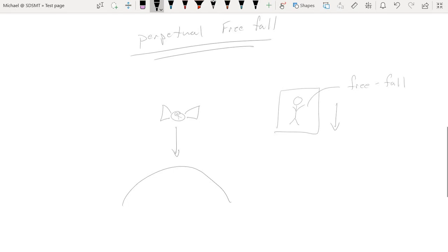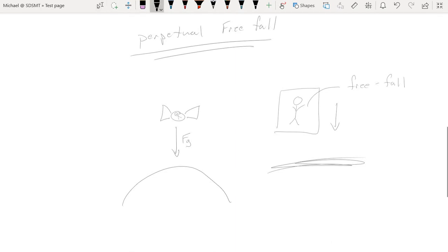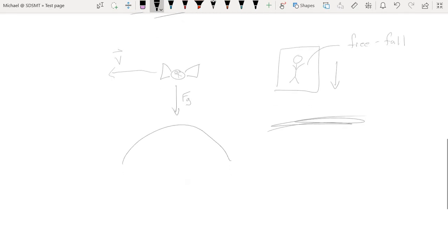But unlike the elevator, which, eventually you would reach the ground, with the International Space Station, we have a very delicate balance of the force of gravity trying to pull the space station and the astronauts down, while at the same time the space station and all of its occupants have a velocity that wants to carry them out into space.